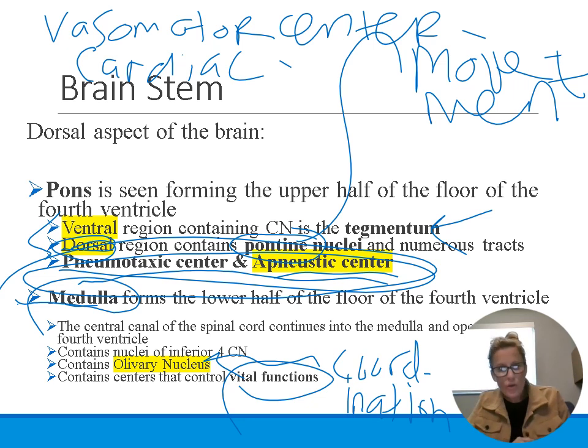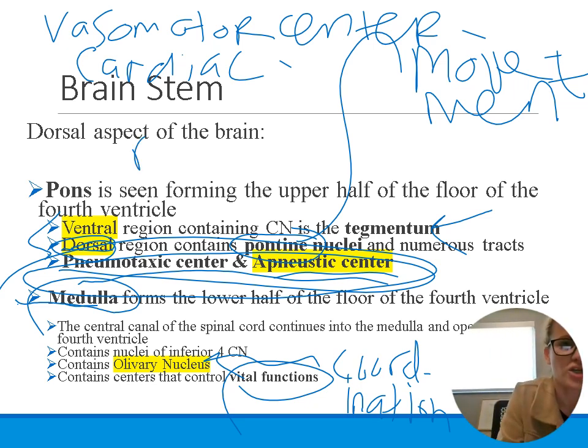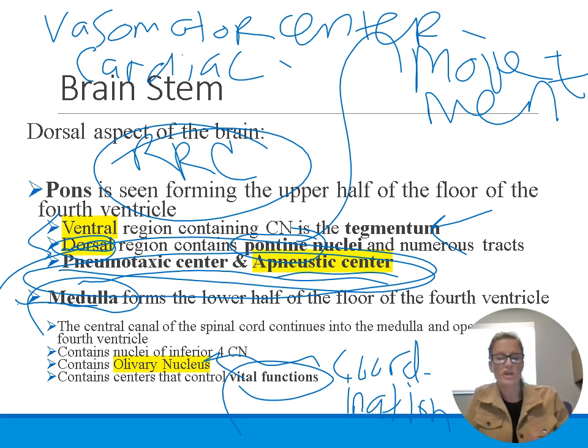And then it also has the respiratory rhythmicity centers. The respiratory rhythmicity centers include the DRG and the VRG, the dorsal respiratory group and the ventral respiratory group.